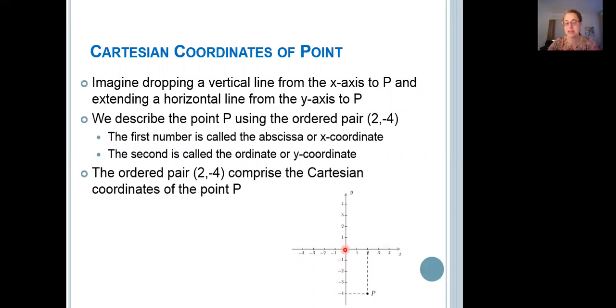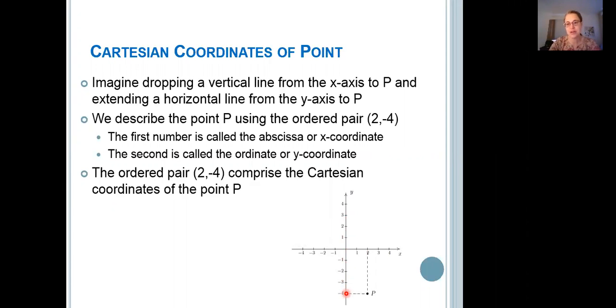So this point in the middle is called the origin. So if we move over to the right 2 points, that means we're at 2 on the x-axis. We can talk about the same sort of thing on the y-axis. And if we start at the origin and we go down 4 units, then we're at -4 on the y-axis.